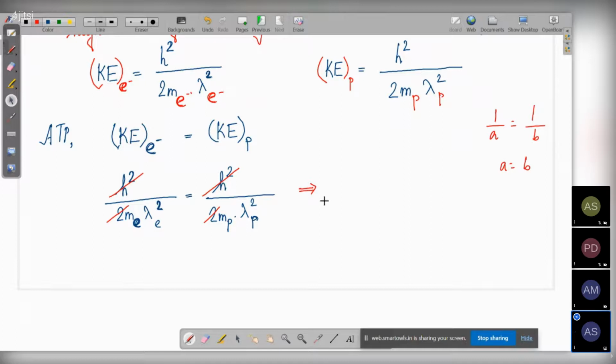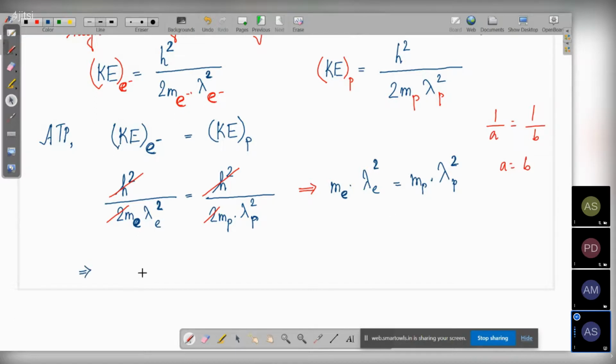So mass of electron into the lambda of electron whole square is equal to mass of proton into the lambda of proton whole square.